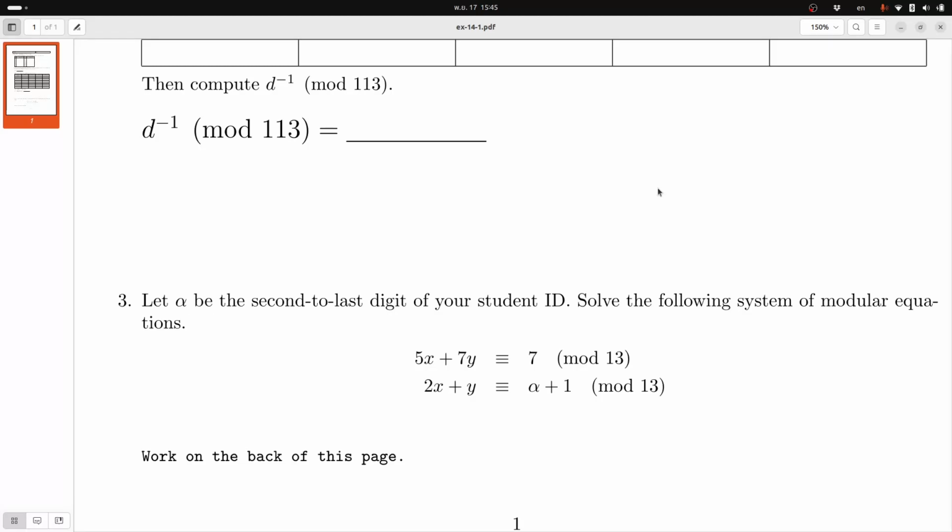Addition, subtraction, multiplication work modulo 13. Don't do divisions. When you want to divide, multiply with the multiplicative inverse. And solve this. So after you fill out the table, work on problem 3. And that's it for today.